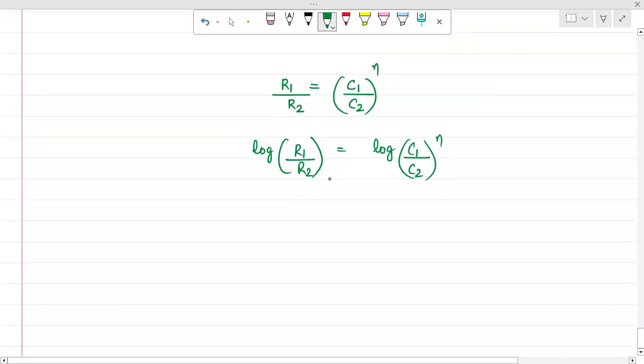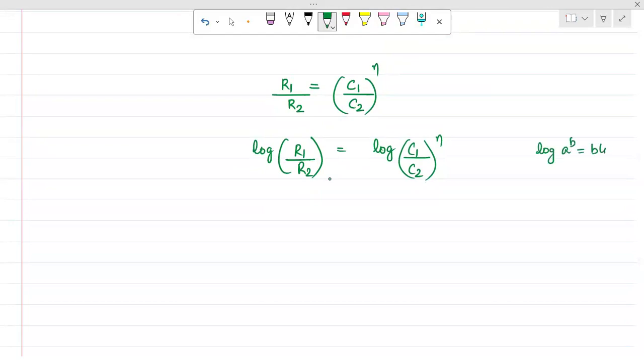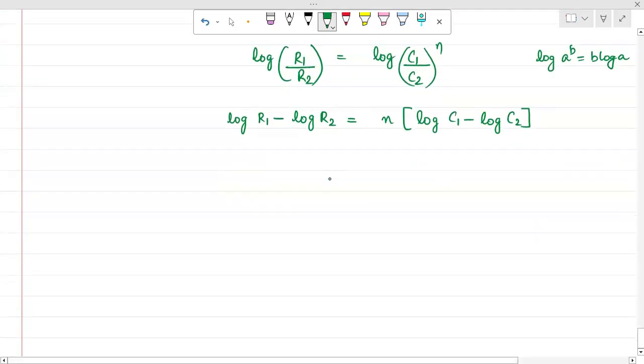Correct? Now expand and bring this n to the front. Log of a to the power b is b log a. Correct? So this becomes log of R1 minus log of R2 is equal to n times log of C1 minus log of C2.